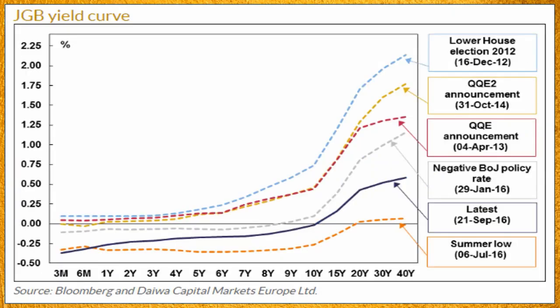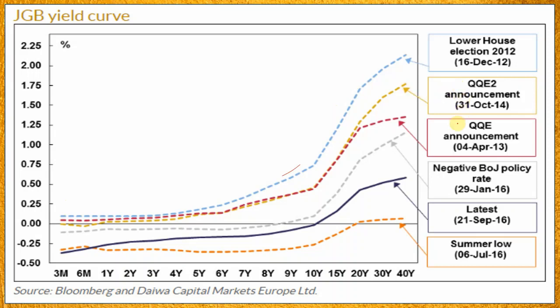This chart shows how the yield curve of the Japanese government bonds changed over time. In 2012, shown in blue here, you can see that the yield curve was positive throughout and it was steep.